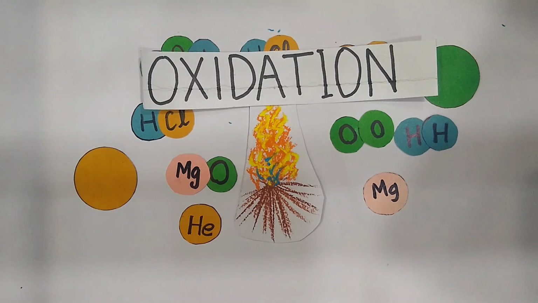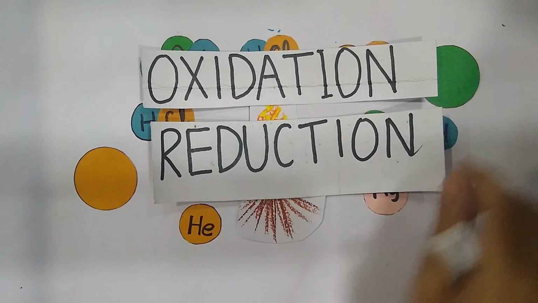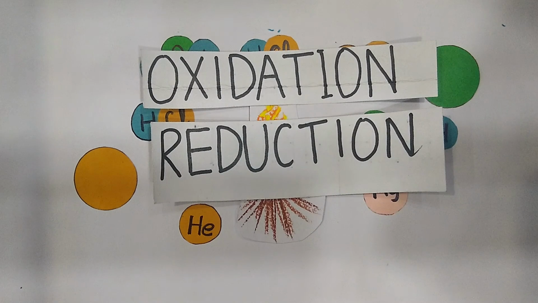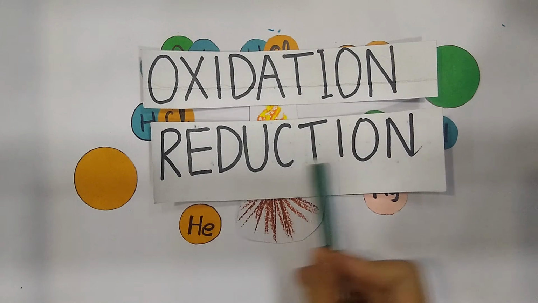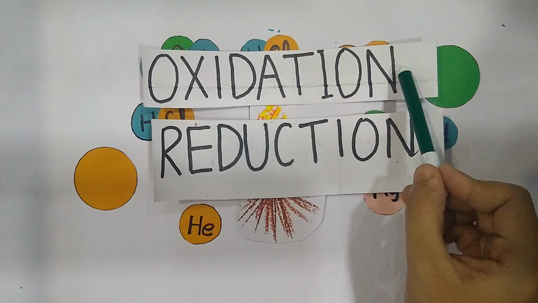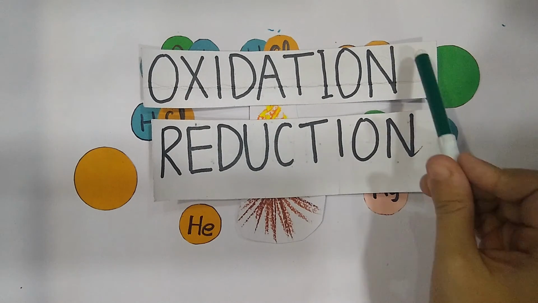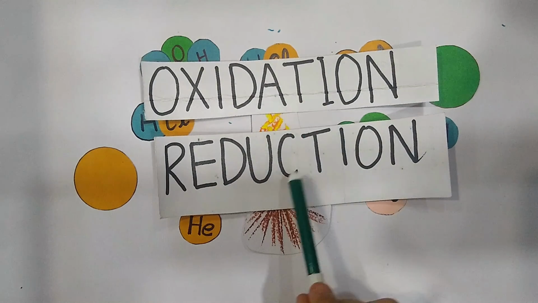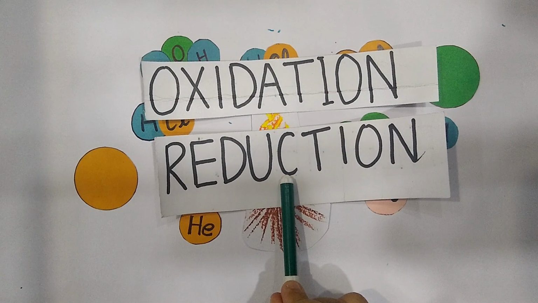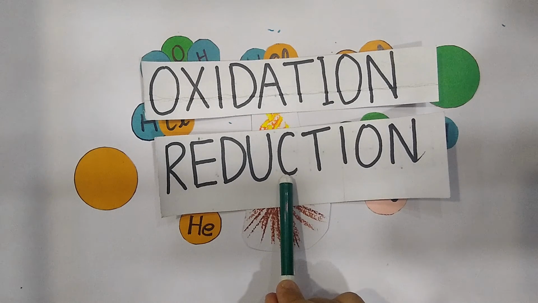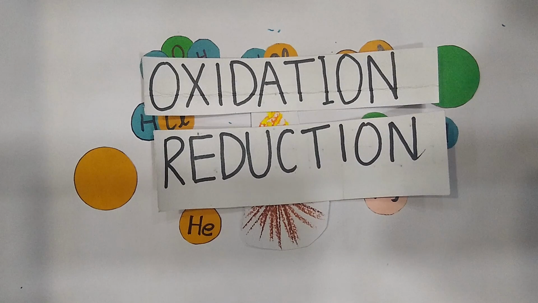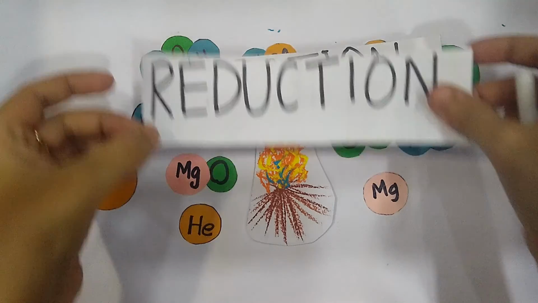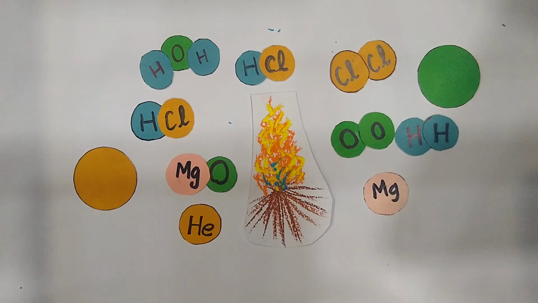When talking about oxygen, when there is a removal of oxygen, it is called a reduction reaction. But when there is an addition of hydrogen, then also it is called a reduction. So oxidation is addition of oxygen and removal of hydrogen. The same way, reduction is removal of oxygen and addition of hydrogen. Just remember that. And that is the summary of your whole chapter.